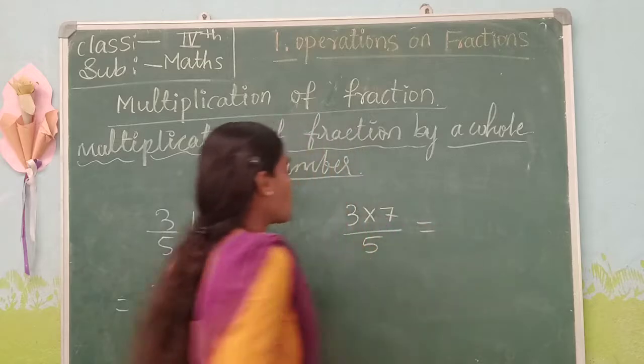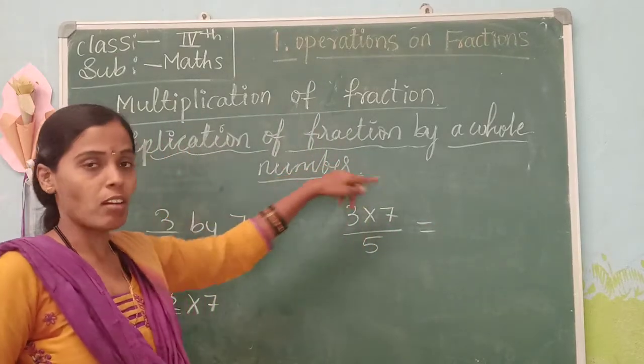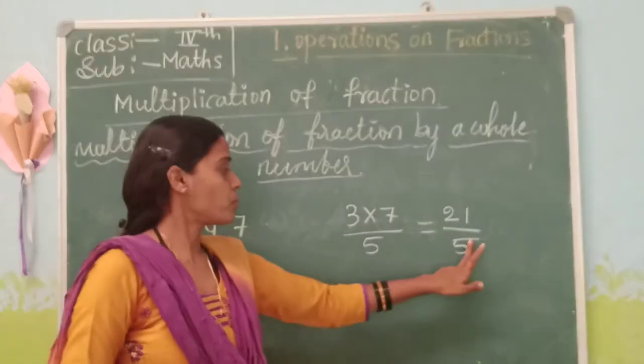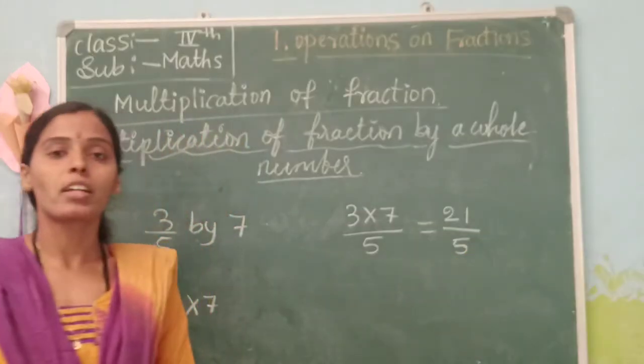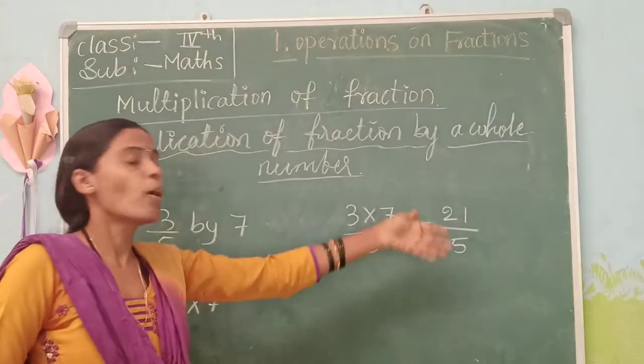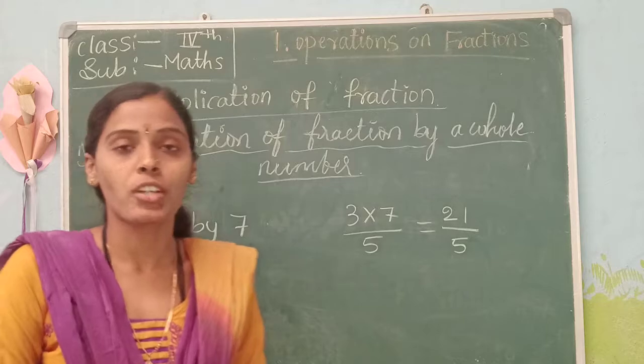Now here, 3 sevens are 21, divided by 5. Okay, 21 divided by 5. This is the way of finding the multiplication in fractions.